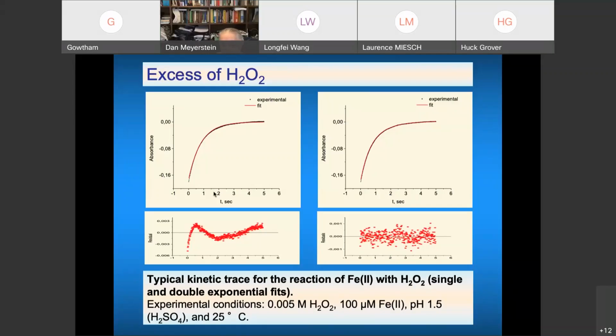And you see on the right side that if you put a second reaction in, with 2 consecutive first order reactions, the fit is very good. On the next slide comes an explanation.